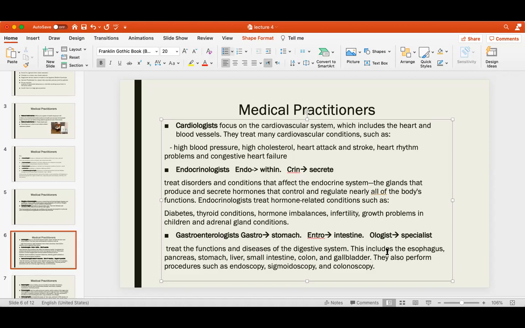This includes the esophagus, pancreas, stomach, liver, small intestine, colon, and gallbladder. They also perform procedures such as endoscopy, sigmoidoscopy, and colonoscopy.